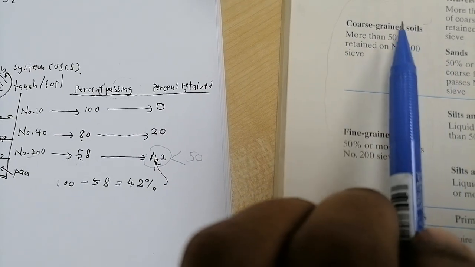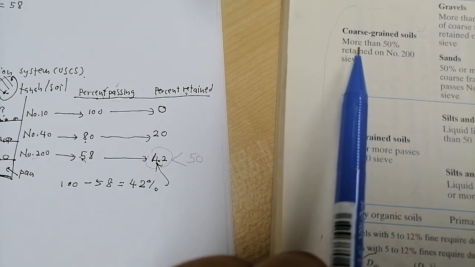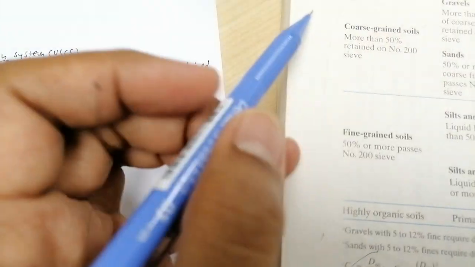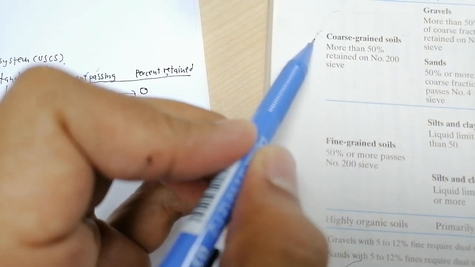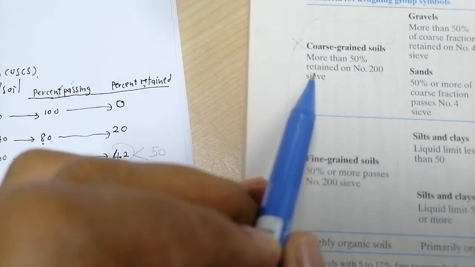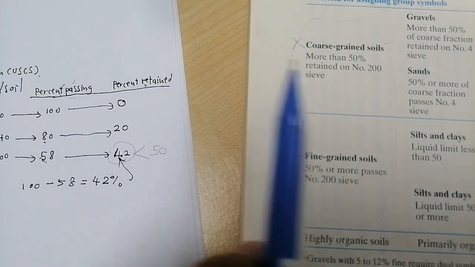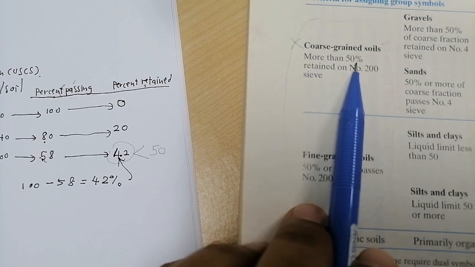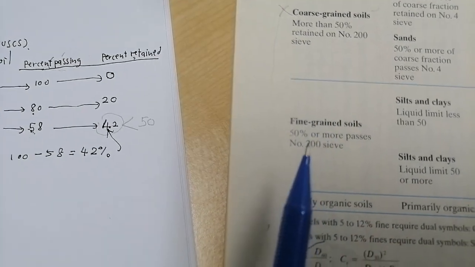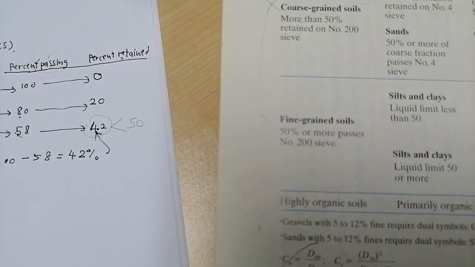Where I got the 50 here. So therefore our soil is not this one. Sebab kalau kita nak soil kita coarse grain, this one needs to be more than 50%. So therefore our soil yang ni lah, fine grain soils.